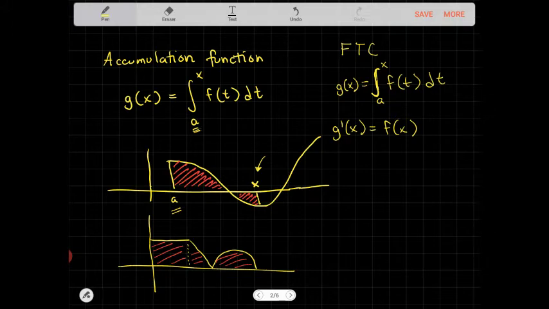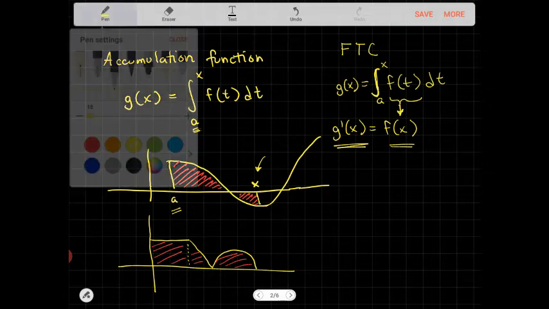So this is why accumulation functions are so common, because not only do they provide you with a chance to do integrals, but then you can analyze them easily in terms of their derivative. And what I mean by easily is that the derivative of the accumulation function is the function inside the integral.